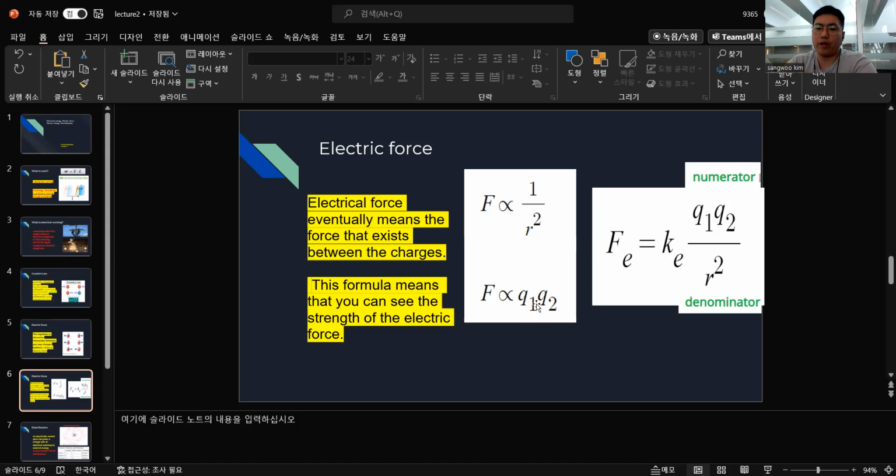So for example, here's the power. The power itself is proportional to charges, but inversely proportional to distance. Okay, try to understand this concept. Let's go more. Okay.